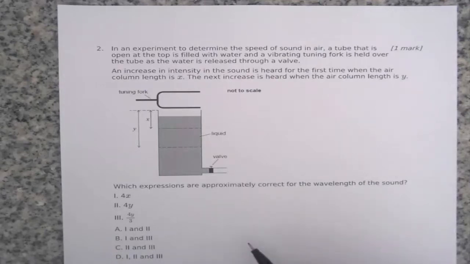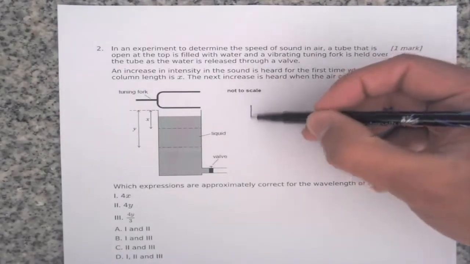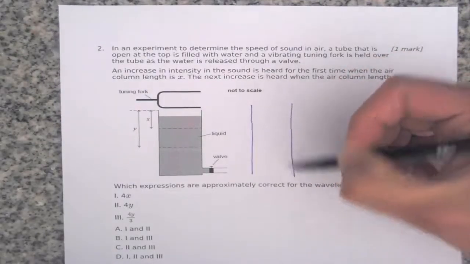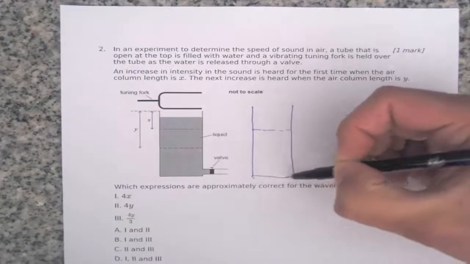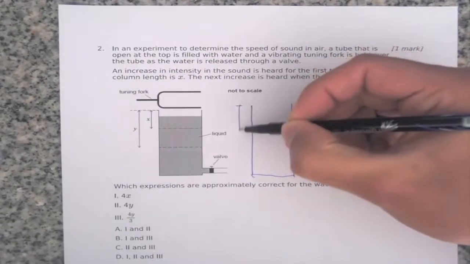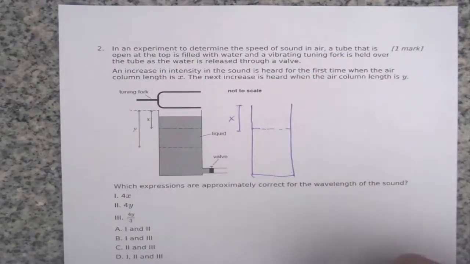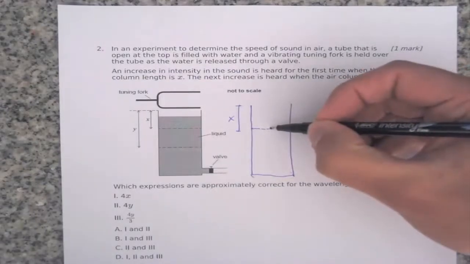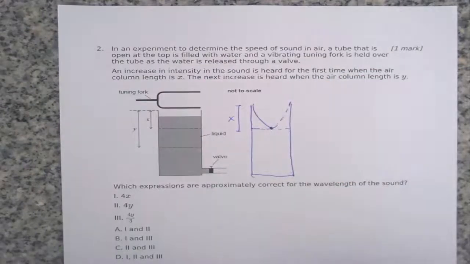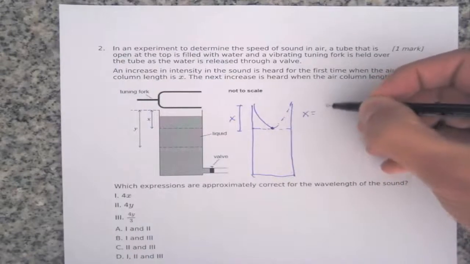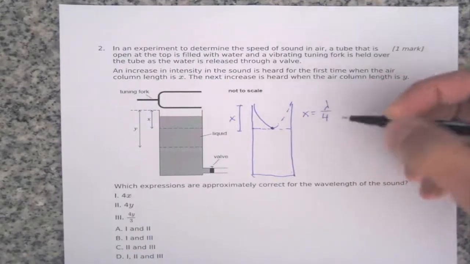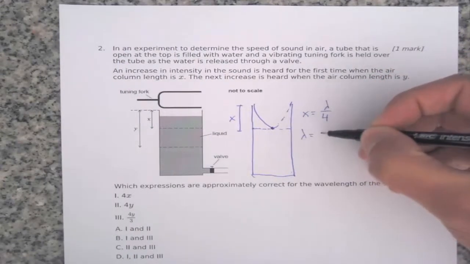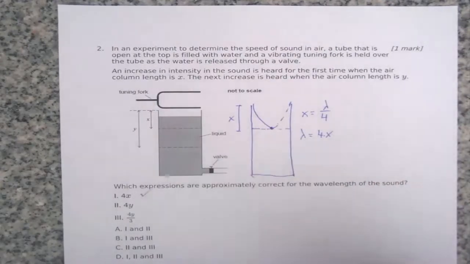So what we need to do here is to check our wavelength for the distance X, when the water is filled up until that point, X. So here you see, of course, the first harmonic, and this distance X is equal to lambda over 4. So one expression for lambda is 4 times X. So 1 is correct.